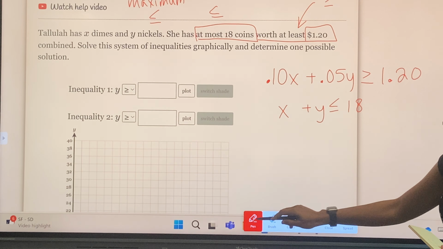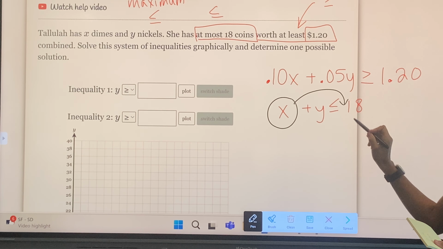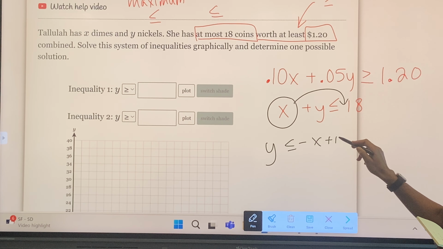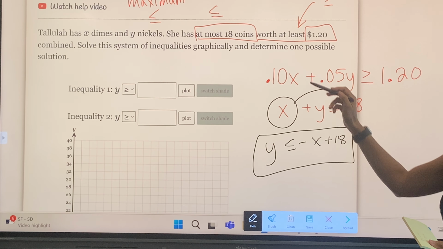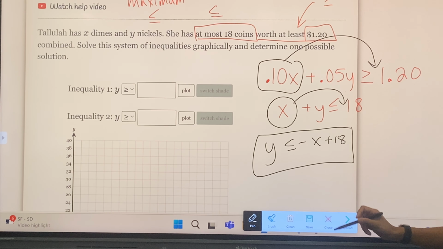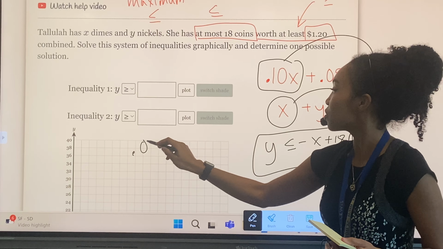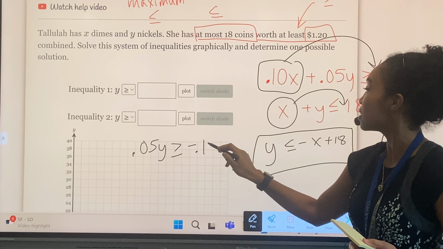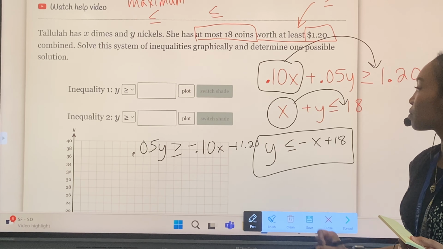So you just need to do some algebra. So I'm going to move this x to the other side and make it negative. So I have y is less than or equal to negative x plus 18. That's one of the inequalities. The other one, we need to move 0.10 to the other side. So you'll get 0.05y is greater than or equal to negative 0.10x plus 1.20.